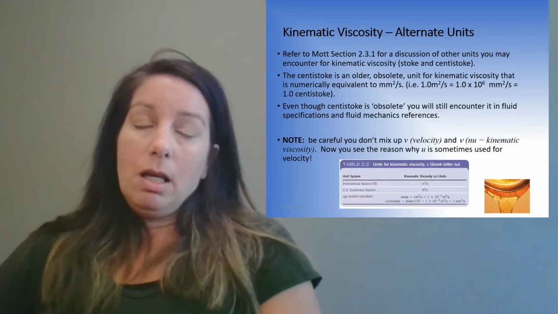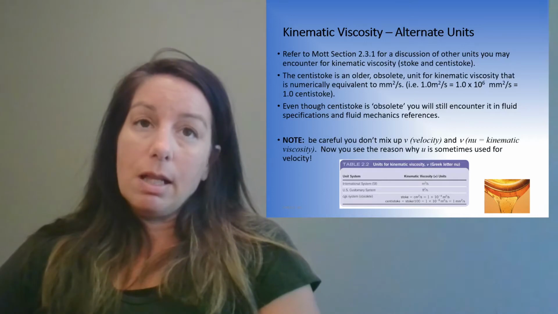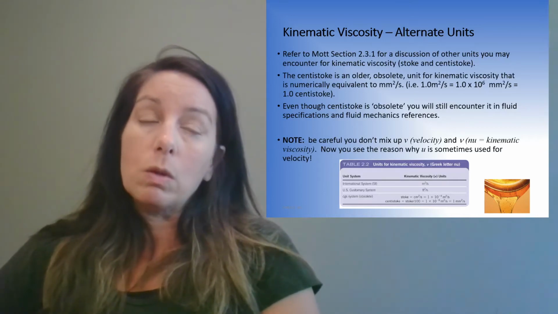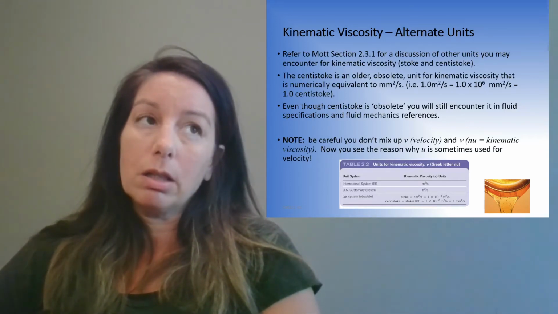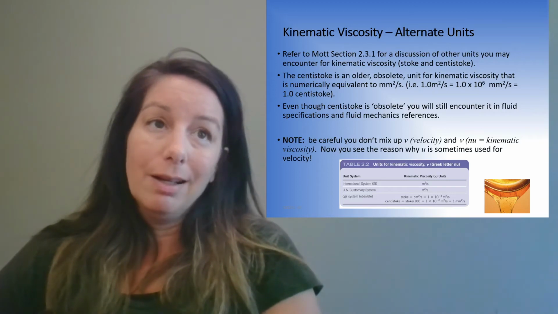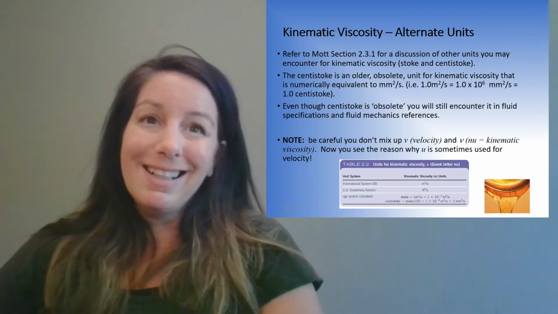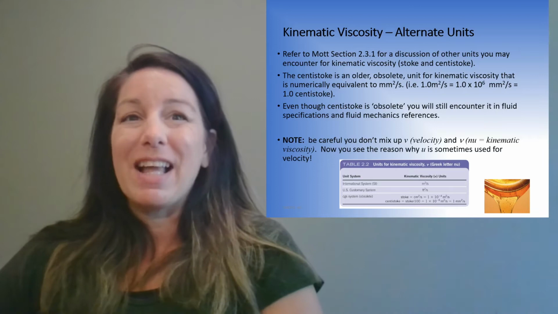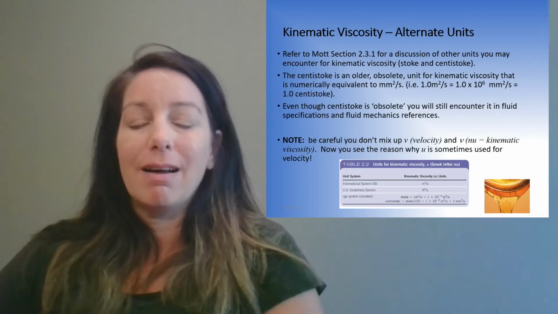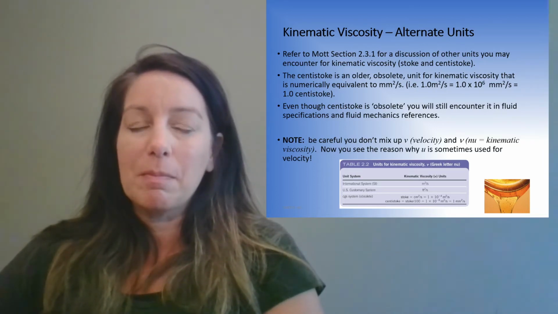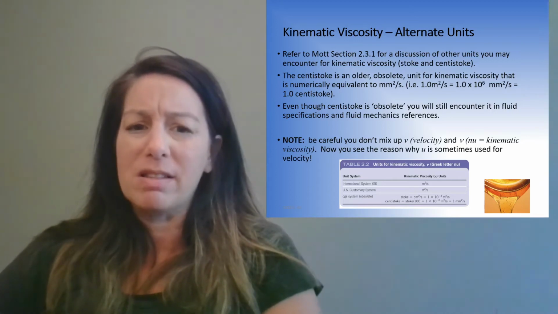So much like dynamic viscosity, there's these old units you'll probably hear your grandpa talk about, or in my case, my dad. So there's the Stokes, and you might see it in motor oils, that kind of thing.